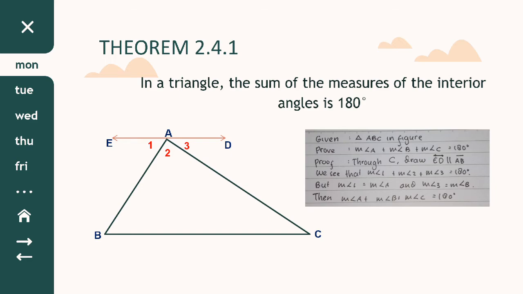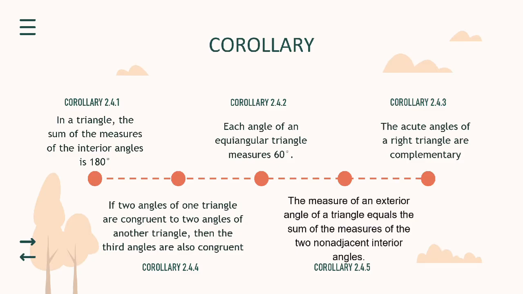We see that the measure of angle 1 plus angle 2 plus angle 3 is equal to 180 degrees. But we know that the measure of angle 1 equals the measure of angle A and angle 3 equals the measure of angle B because alternate interior angles are congruent. Then the measure of angle A plus angle B plus angle C equals 180 degrees. So, proven.